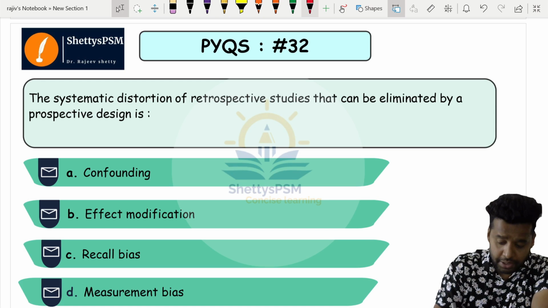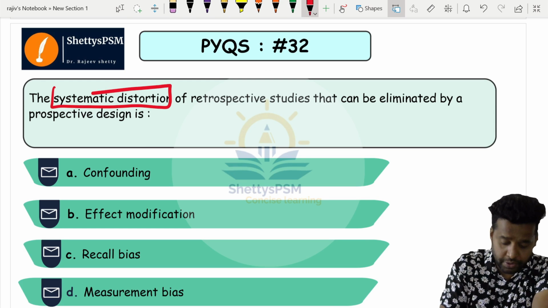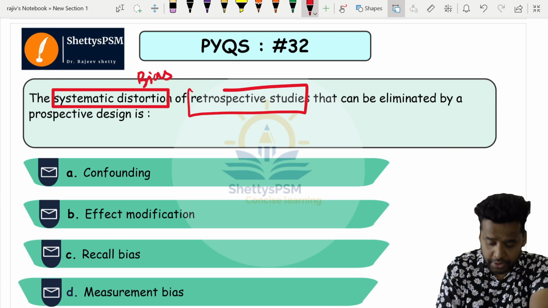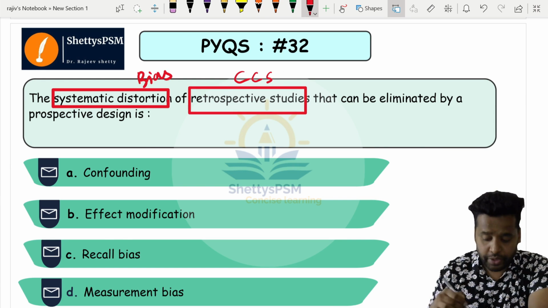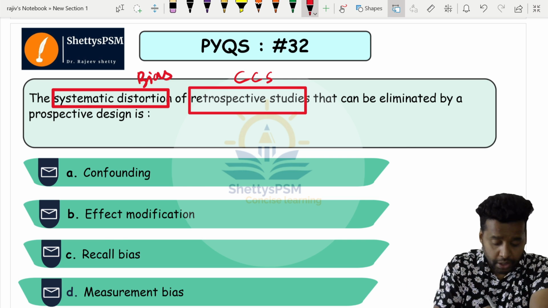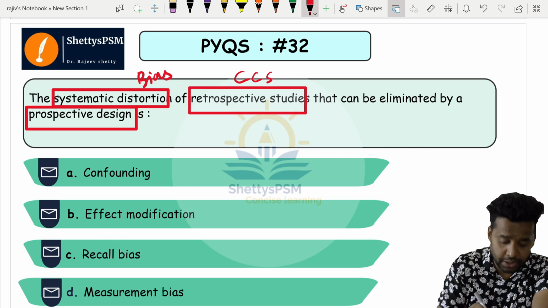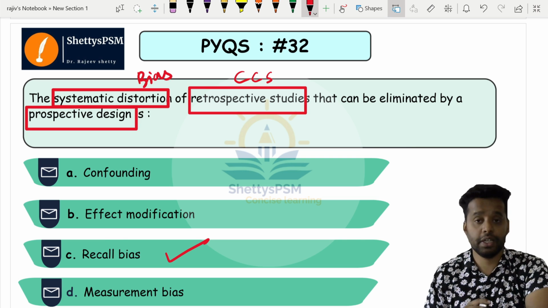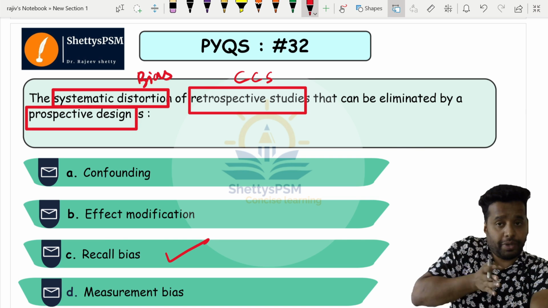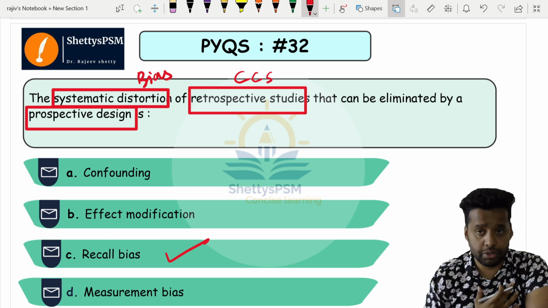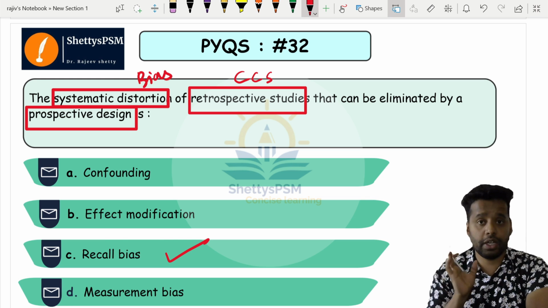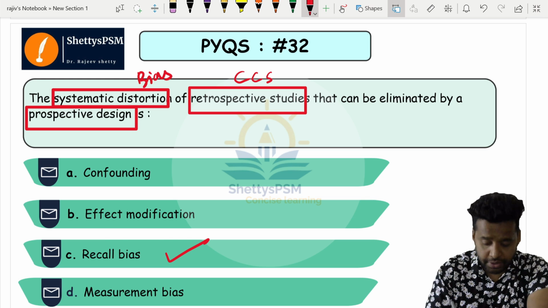The systematic error means bias, which happens in a retrospective study, meaning a case control study, and which can be eliminated by doing a prospective cohort study. The answer is recall bias. Cases will recall their exposure better because they are diseased individuals compared to controls. Recall bias is seen in case control study.